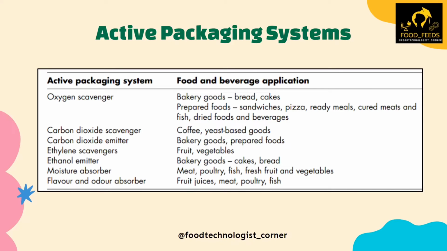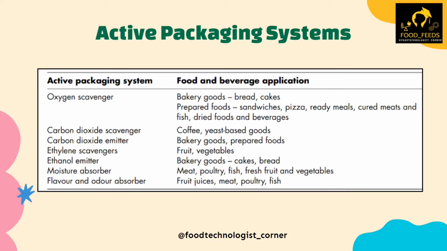So here, if you see, oxygen scavengers are used in bakery goods and prepared food. By this, we come to know that the presence of oxygen in these products will cause some deterioration or appearance problem in these foods, for which the oxygen is removed.